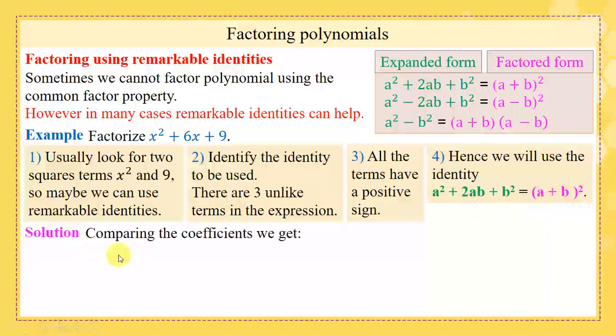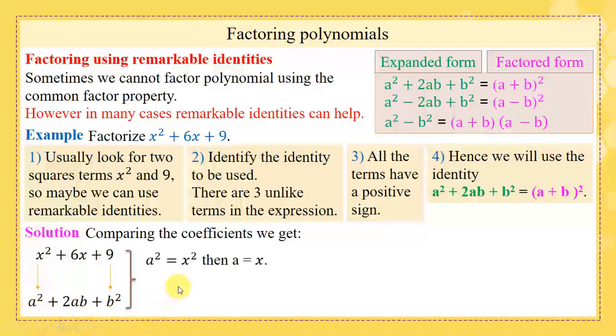Solution. Here we will compare the coefficients. We have x squared plus 6x plus 9 compared with a squared plus 2ab plus b squared. We compare the first term and the last term. x squared is equal to a squared. This means that a equals x. 9 is equal to b squared.